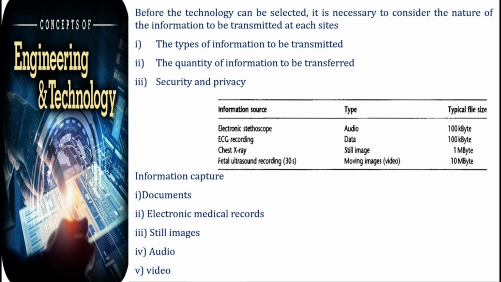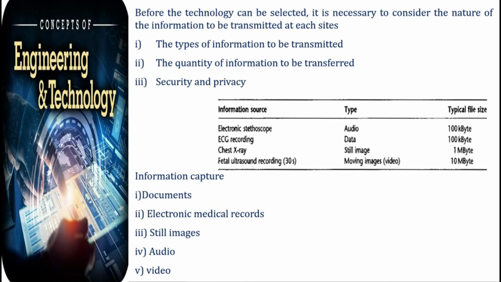If you're going for the electronic stethoscope, it will give you audio-type information. When you go for ultrasound recordings and others, we will get moving images, like a video. So we have different formats of information, for example audio, data, still image, and moving image.